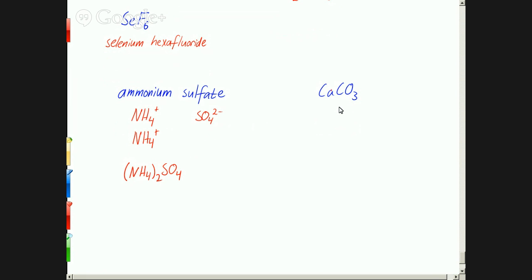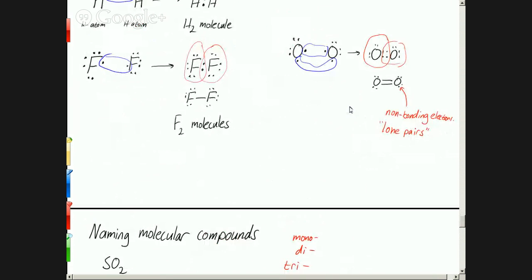The CaCO3, that one you were working on? Yeah, the CaCO3. What would be the small carbon... carbonate. You hear that? So this is one of those polyatomic ions from the table up here.